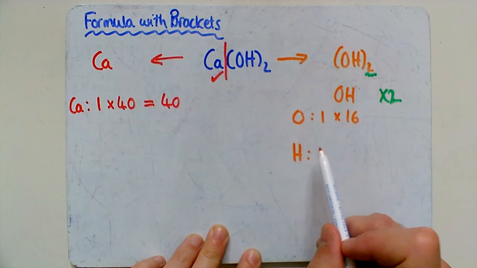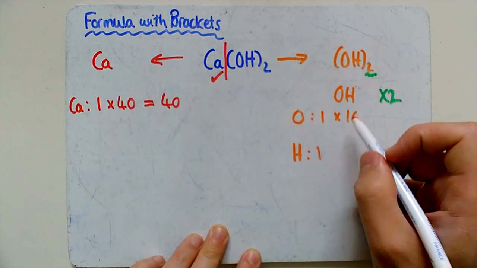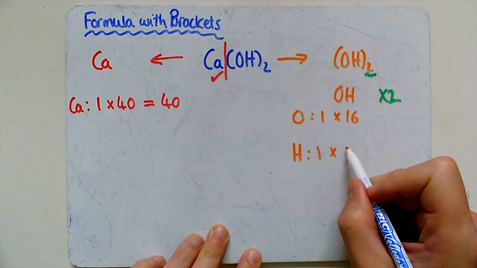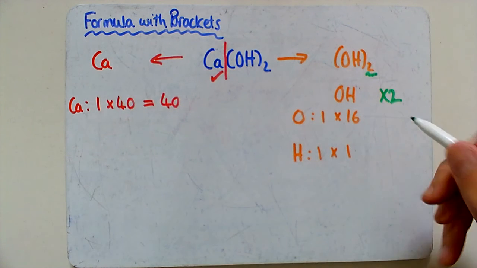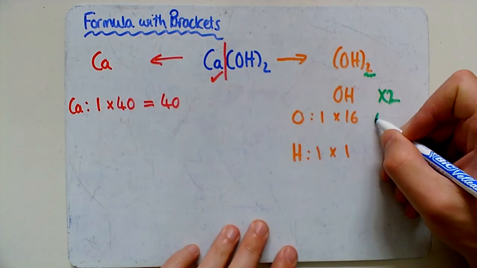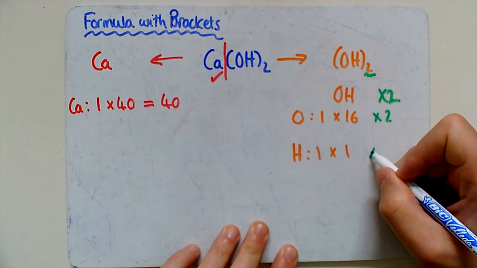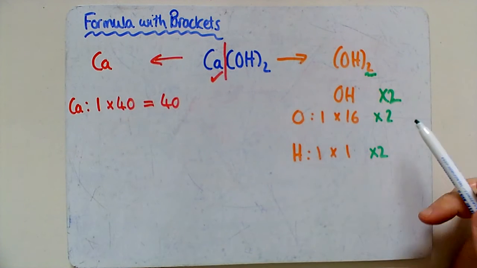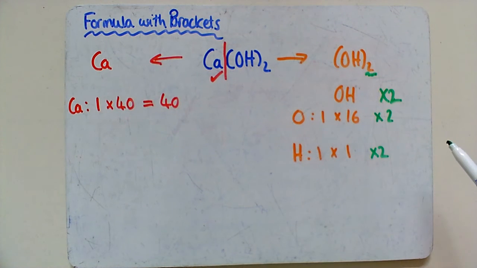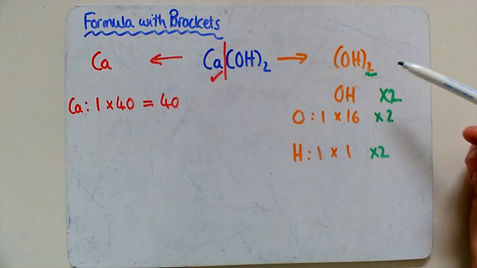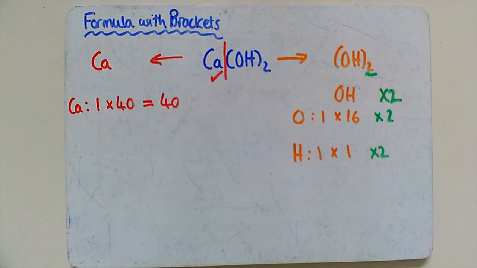Hydrogen's next, we have got 1 hydrogen, and when we look that up, it's got a mass of 1. Now, see this times 2? I'm just going to add it to each row. Just going to add a times 2. That's all the bracket's doing. Whatever's in the bracket, and then what's on the outside of the bracket.